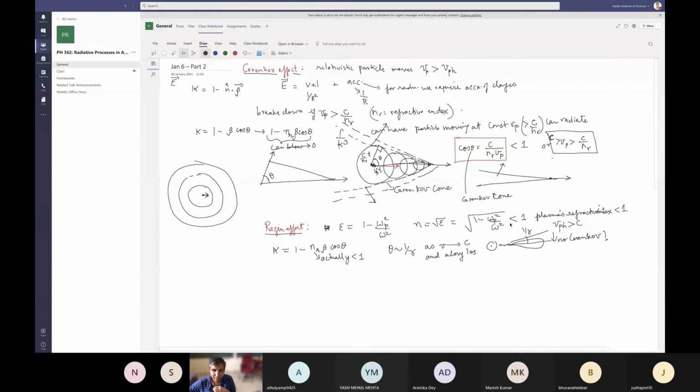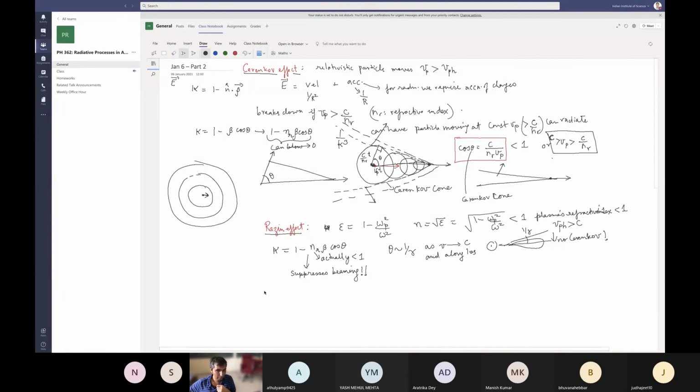But now, because of a refractive index which is less than 1, this actually suppresses beaming. It's easy to see because now n_r has become small. So that effectively makes the speed of your particle smaller than the speed of light.